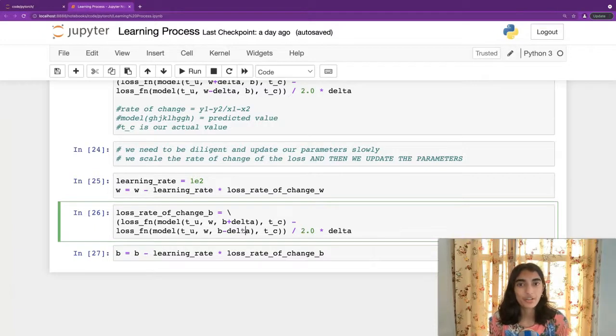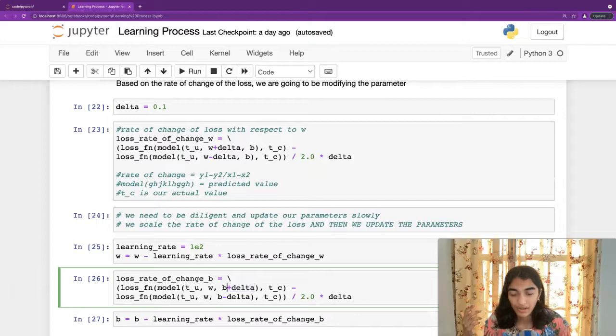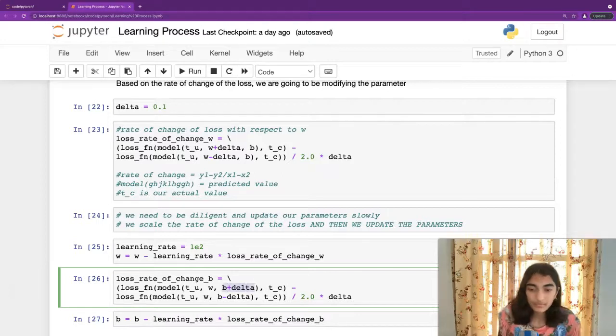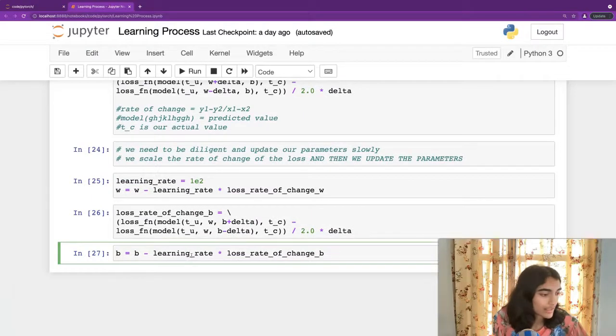But then you learn something new and say, hey, I don't even need two points that are super close, I can just take the tangent line. It's like that. Instead of taking a really small delta value and changing up your weights and bias to get that rate of change, you can just take the derivative. So that's where we're at right now.